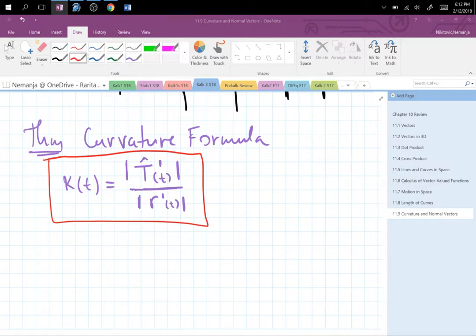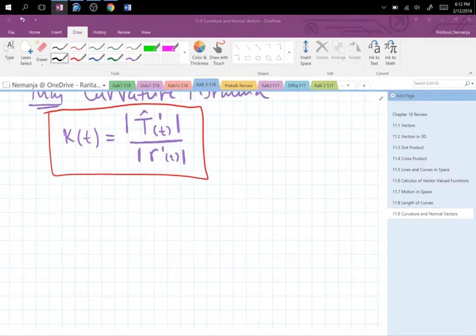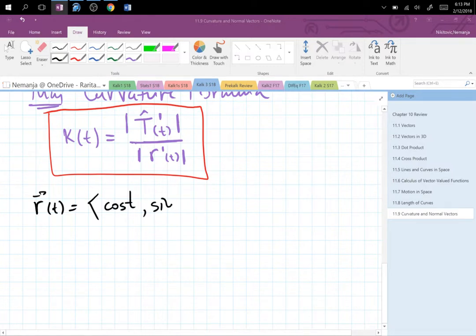So now if you have some kind of vector valued function given to you, which describes, for instance, the helix, the spring spiral, with cosine t, sine t, and then t.